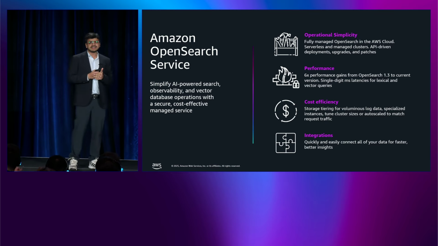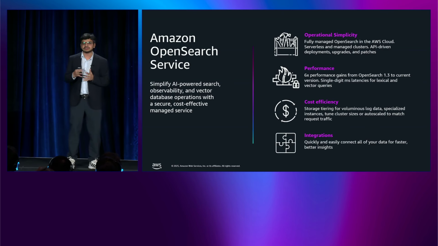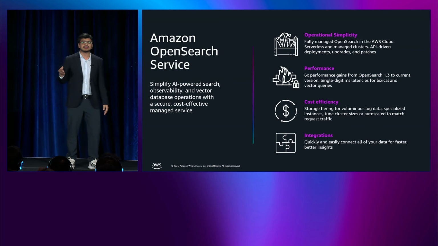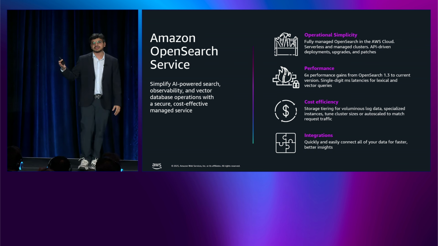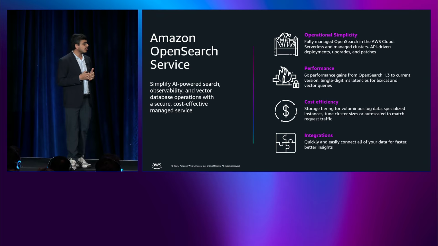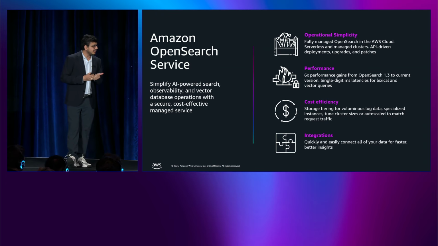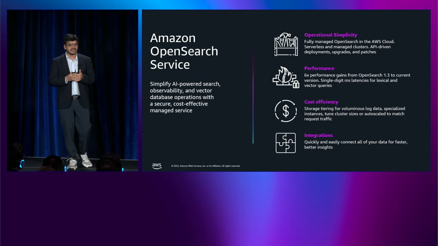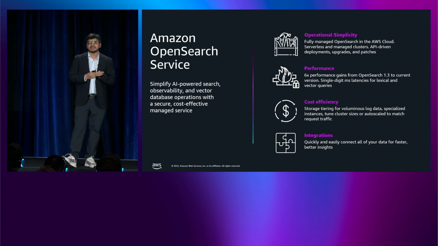Then we have different tiering strategies in OpenSearch which can help you reduce cost. If you have any data which you're not actively querying, you can push it into the warm tier or cold tier, and the recent data you can keep in the hot tier. And lastly, we have integration with other AWS services and even open source tooling with OpenSearch. One of the integrations is with Bedrock.